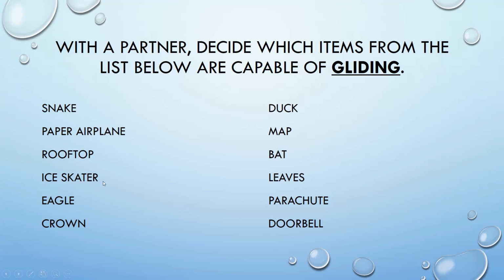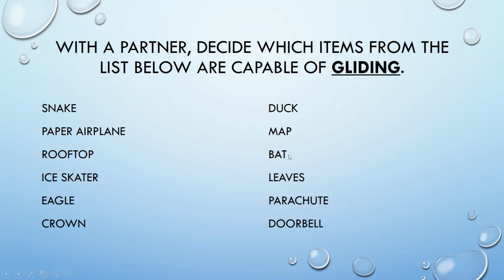An ice skater? Yeah, ice skaters glide along the ice, right? What about an eagle? Yes, eagles glide through the air with their wings. A crown? Nope, can't glide. A duck? Yeah, a duck can glide through the air, but they can also glide on the water, right? They're very good swimmers. A map?